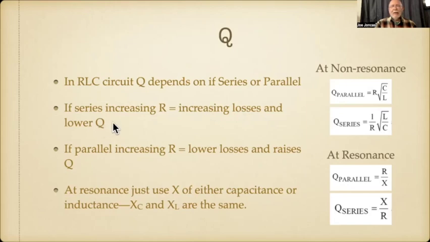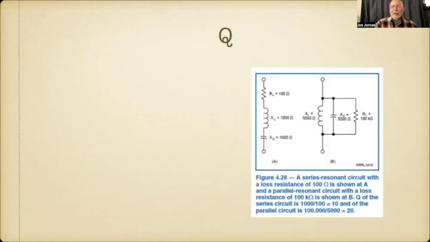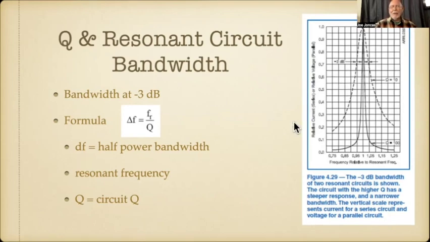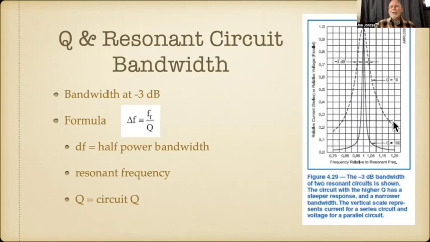And you know, I just thought of something. What might help you out is if I move ahead just a little bit to show you the effects of Q here. Here's a Q of 10. See this dotted line? This is the output of a resonant circuit.